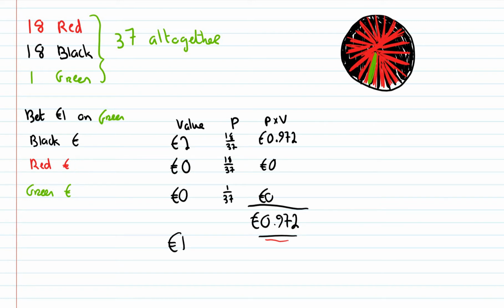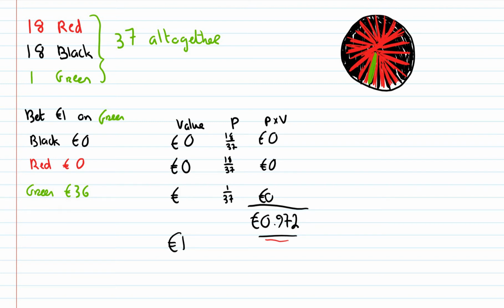Right, if I bet on green, if black comes up, I'm getting 0. If red comes up, I'm getting 0. And this is the payout on green. If green comes up, I get €36. So let's get an expected value. Well, in this case, we're going to get €0 if black comes up. We're going to get 0 if red comes up.